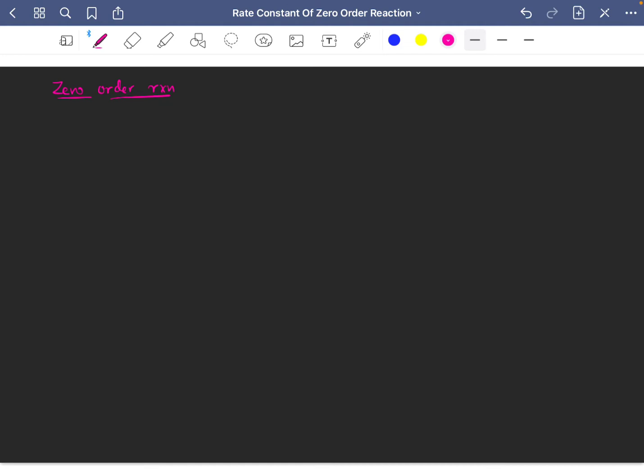So, the rate of reaction is independent of concentration of reactants. It will not depend on concentration of reactant. The rate of a zero order reaction will not depend on concentration of reactants.